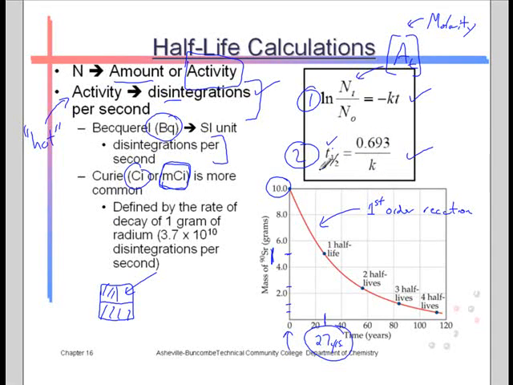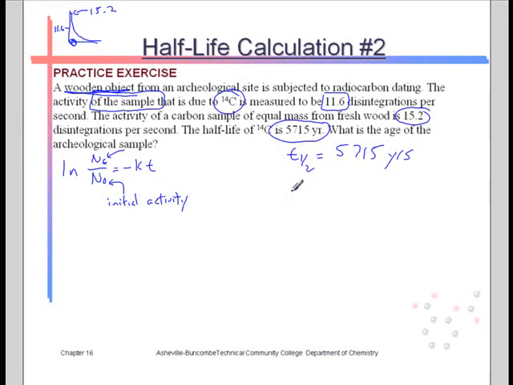So we can easily calculate the rate constant for this particular isotope using the half-life that is given in the problem. Calculating k sets us up to plug k into our expression here and then solve for the t, because we're wondering what is the age of that archaeological sample. So that's a very common layout for these types of problems.